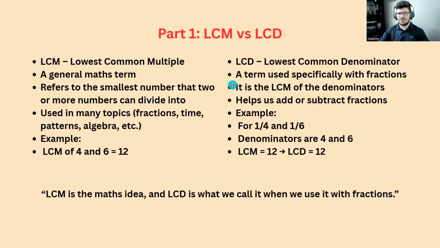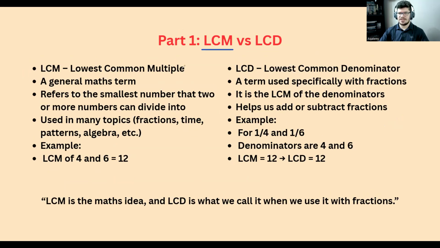Just a bit of a recap from the previous lesson as well. LCM is more of a general understanding in mathematics, okay? And it just refers to the lowest or the smallest number that two or more numbers can divide into. So let's look at 4 and 6. 12 is the lowest number that 4 and 6 can divide into, okay?